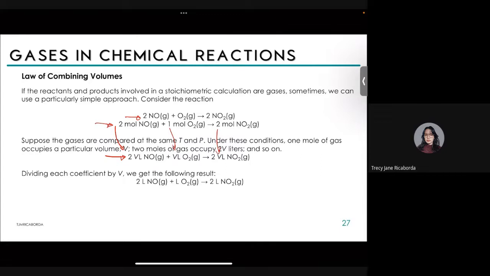If we divide both sides by V, then you have 2 liters NO, 1 liter O2, 2 liters NO2. Yung nangyari is the volume ratio ng mga gases consumed pareho lang dun sa mole ratio.